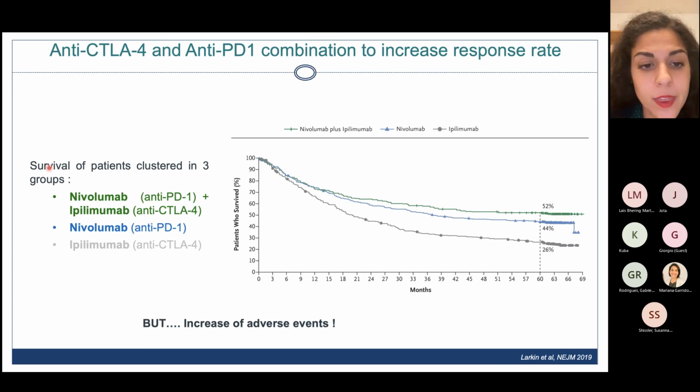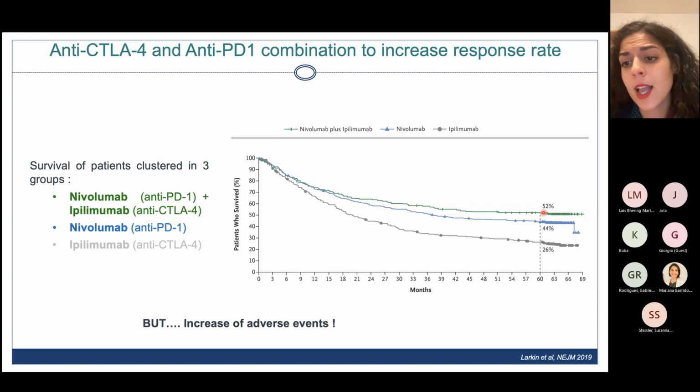Also, there could be a rationale to do combination with various immunotherapy. And actually, you can see here that when you treat patients with nivolumab and ipilimumab, you have an increased efficacy.